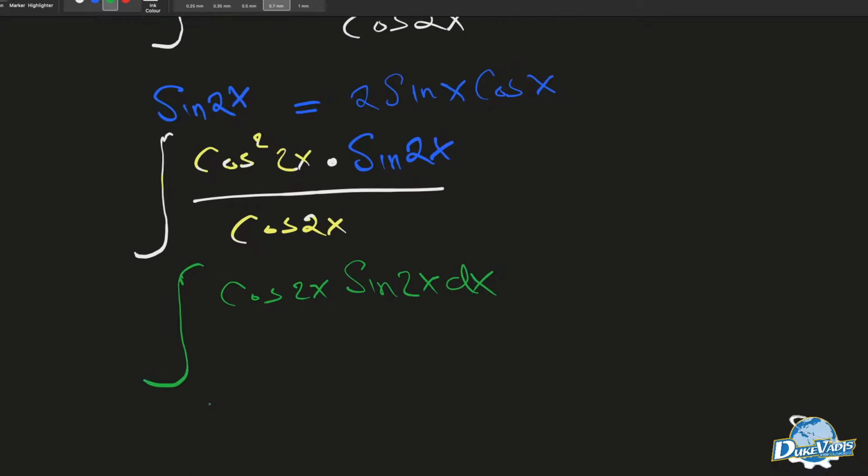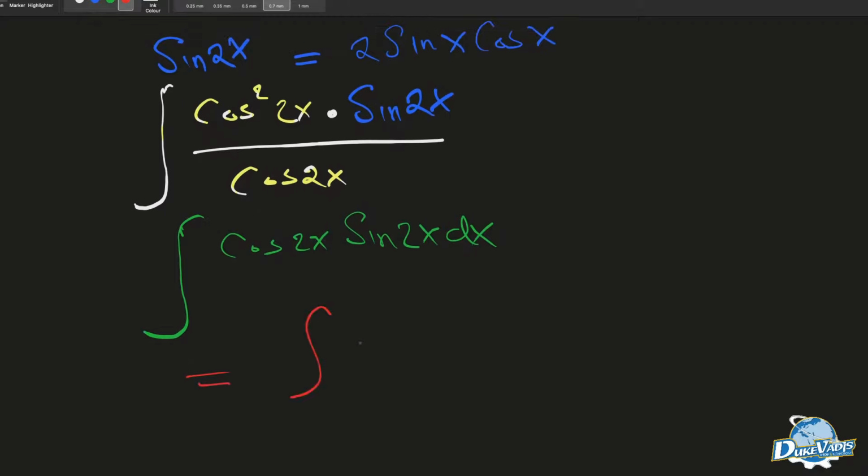So what comes into mind if we manage to solve the equation? Now let's look at it. This integral, so our integral is now the integral of cos 2x and sine 2x dx.